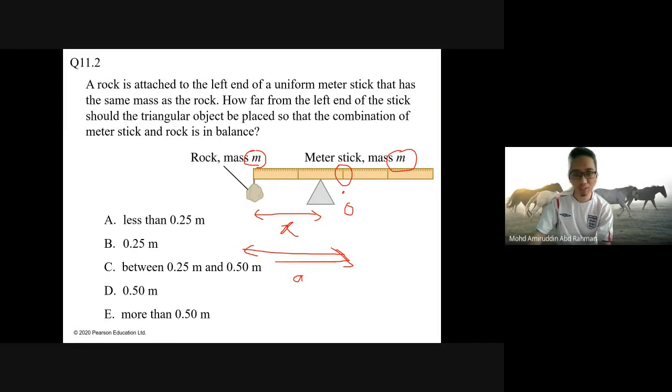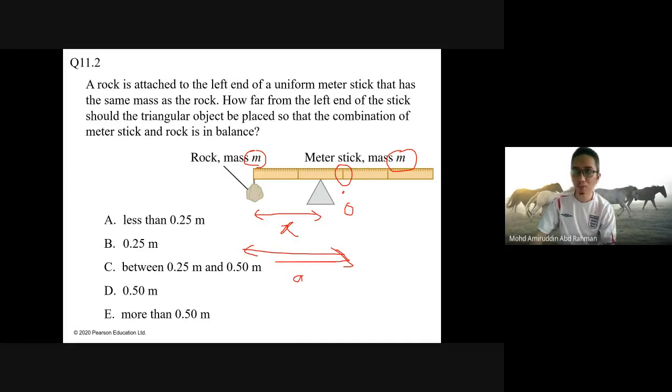Nobody chose B. How about C? Nobody chose C. And how about D? You don't have any idea on how to solve this?